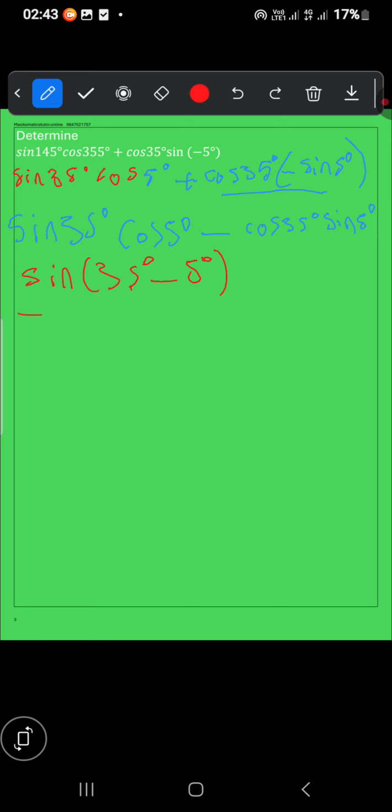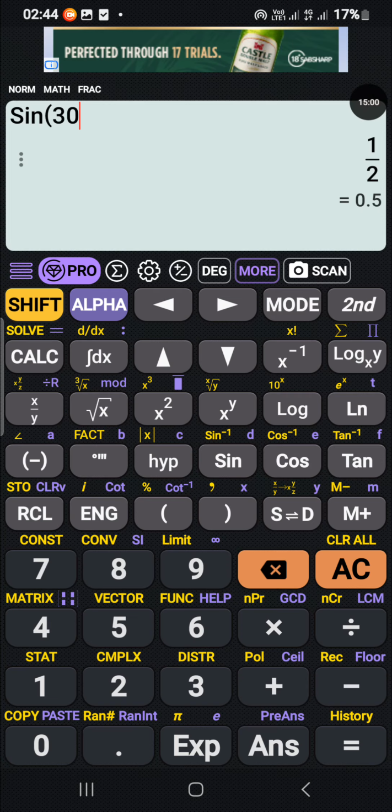And this is equal to sine 30 degrees. Now sine 30 degrees, in your calculator, sine 30 degrees is half.